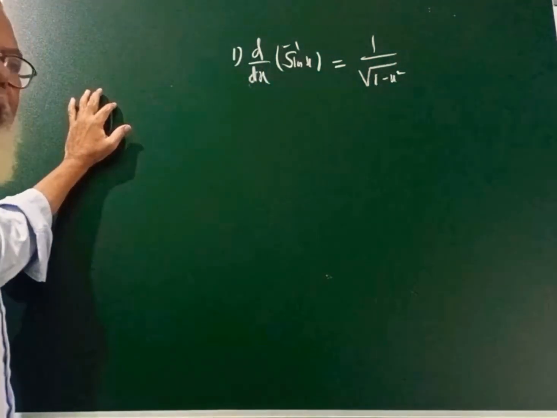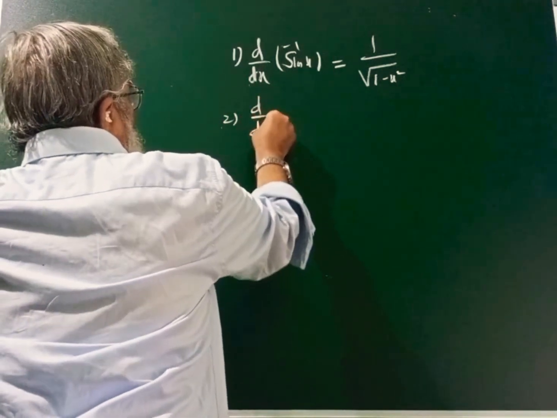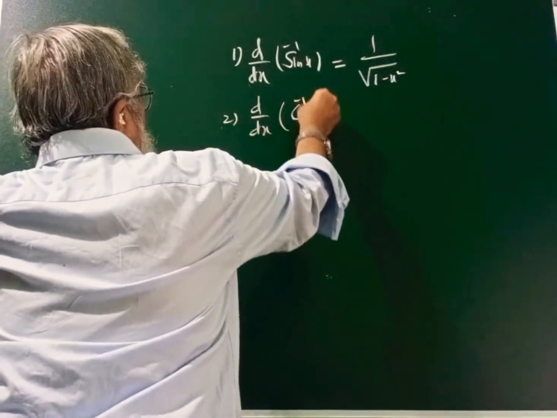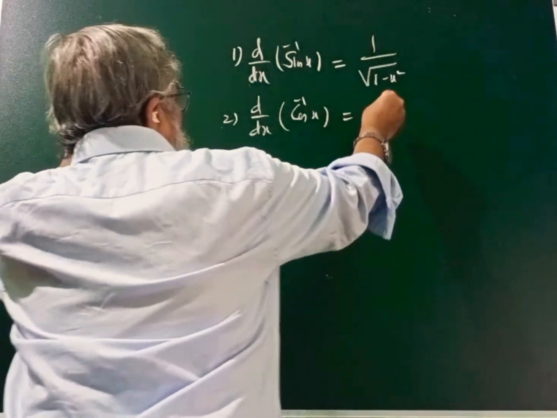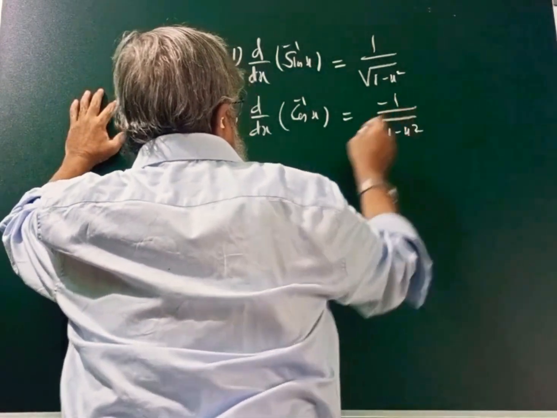It is understood already. Now similarly, derivative of cos inverse x is minus 1 by under root 1 minus x square.